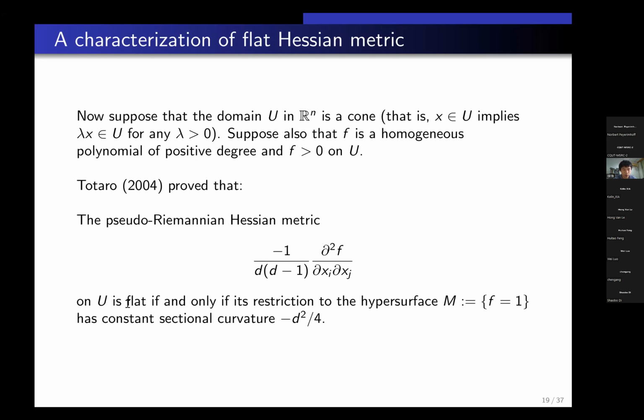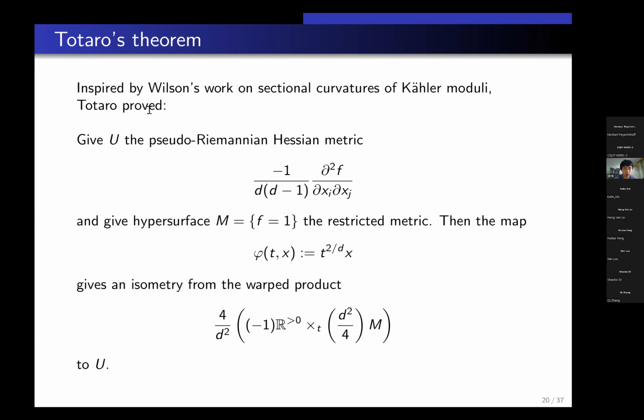So you will see that the flatness of the Hessian is important. It means that with the Hessian metric we can have a Frobenius structure. This is very important, and a special case of the Frobenius manifold. We will talk about Frobenius manifolds. This is a theorem about a pseudo metric.